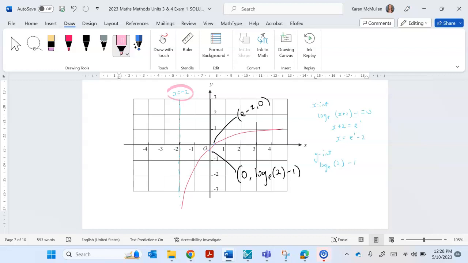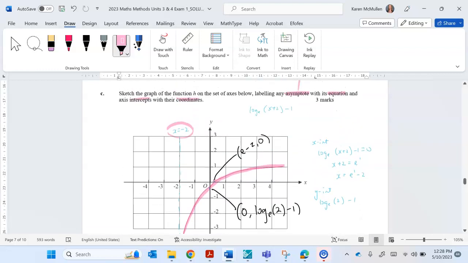You should note that e is approximately 2.4, or something like that. It's 2 point something. So if we're taking away 2, it's going to be just past 0. So you can see here. And then that means for your curve that we're going just below for our y-intercept. So log base e of 2 minus 1.